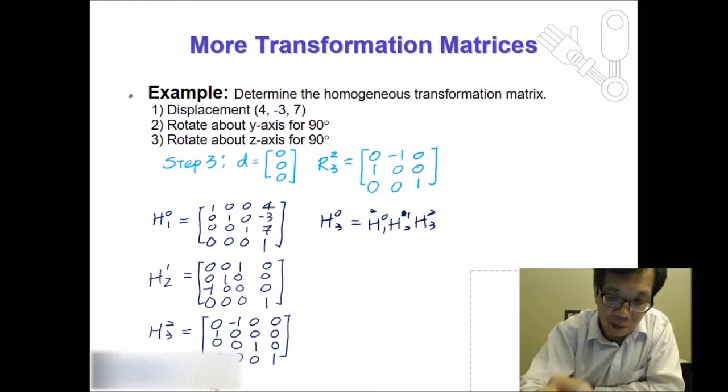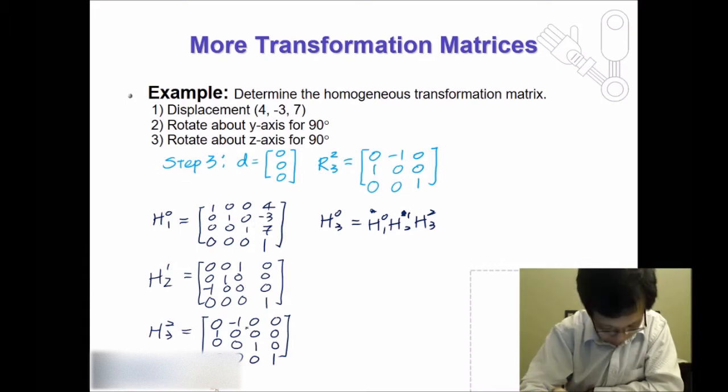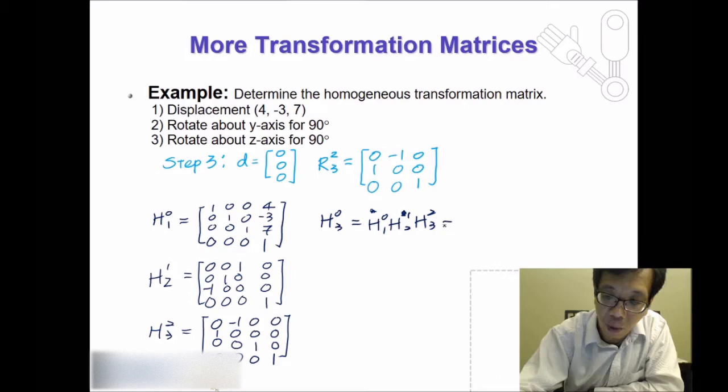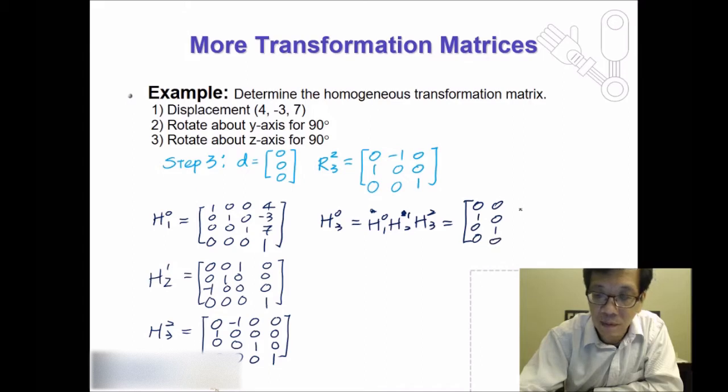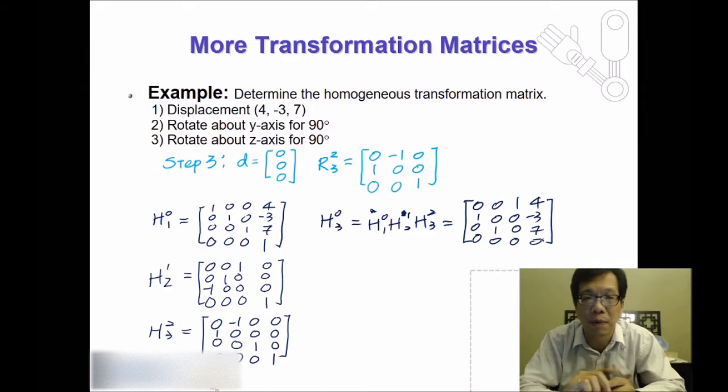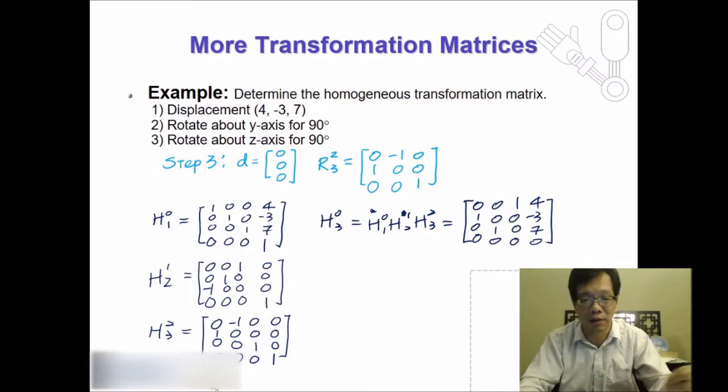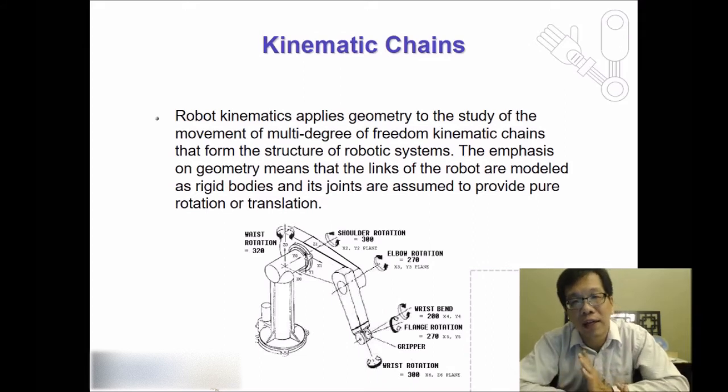So if you multiply this matrix with this matrix with this matrix, we are going to have our transformation matrix look like this. And with this transformation matrix, we should be able to convert the position from one frame to the other. So that is how we do that.